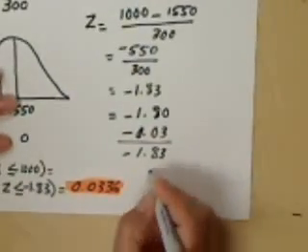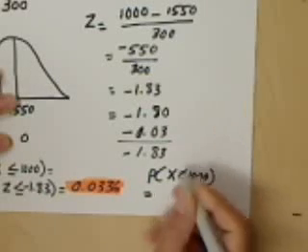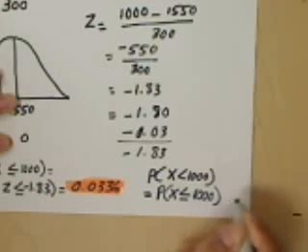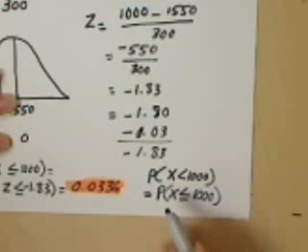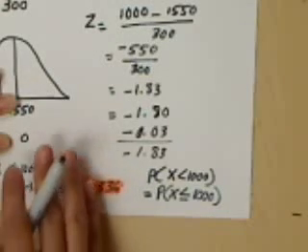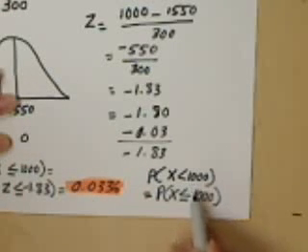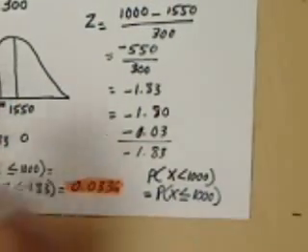So the probability that x is less than 1,000 is the same as the probability that x is less than or equal to 1,000. The reason is that with a continuous distribution, like the exponential distribution and normal distribution that we will study, the probability of an exact value is equal to 0. So the probability of the random variable being exactly 1,000 is 0, therefore it doesn't make a difference in how you write this. So that's the first part of this problem.